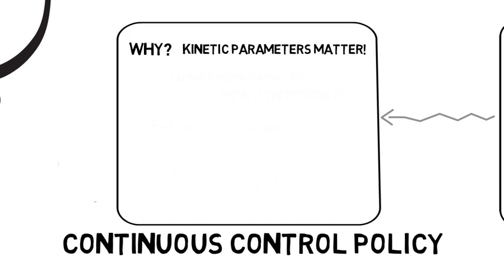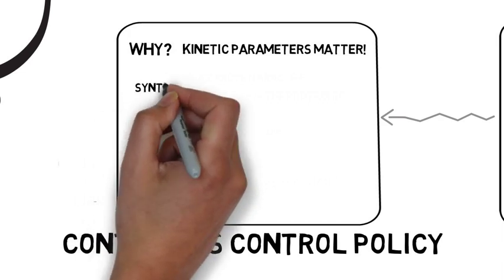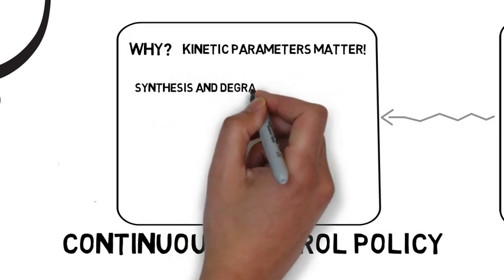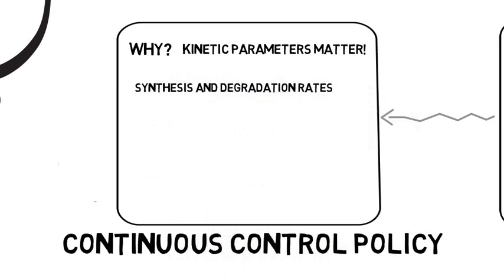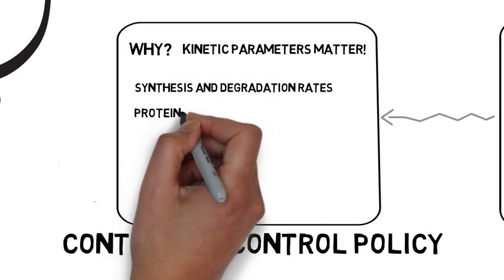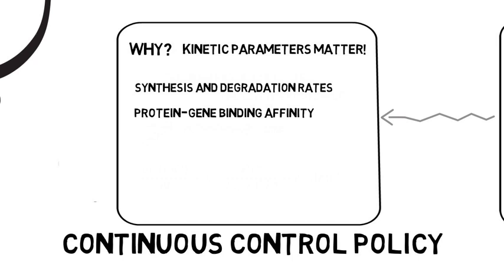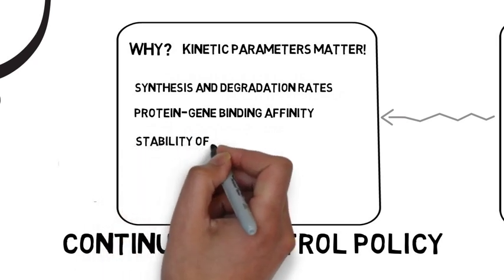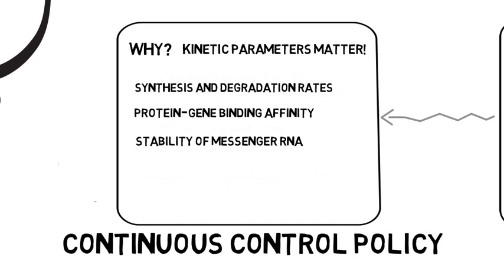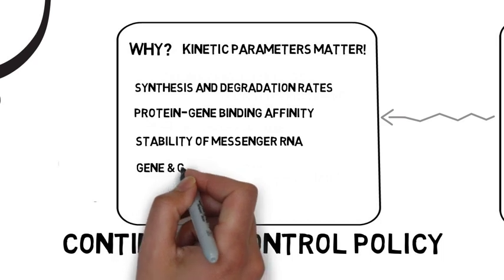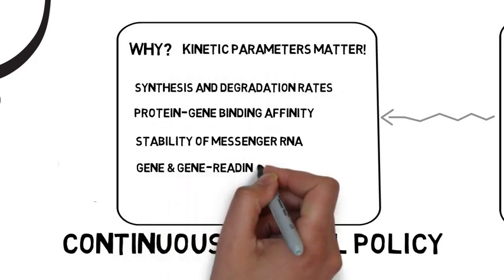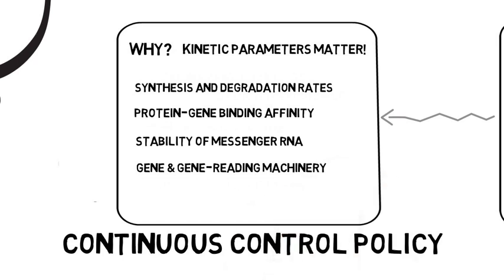Kinetic parameters of synthetic genes are related to important biological measures, such as synthesis and degradation rates of proteins, protein-gene binding affinities, stability of the intermediate molecules produced by genes called messenger RNAs, and interaction strength between a gene and the gene reading machinery in the cell, and so on.